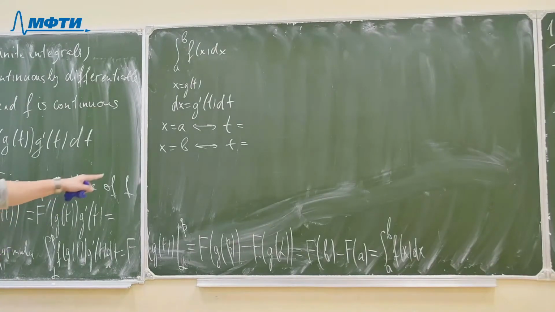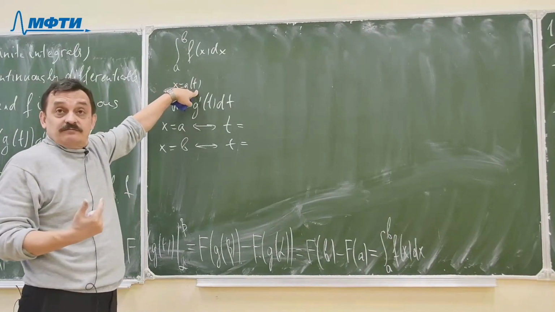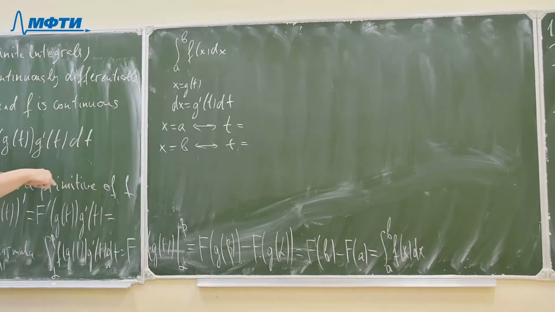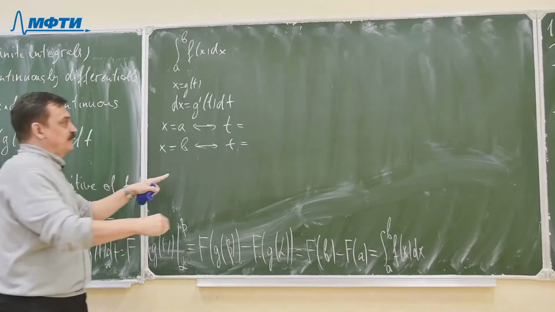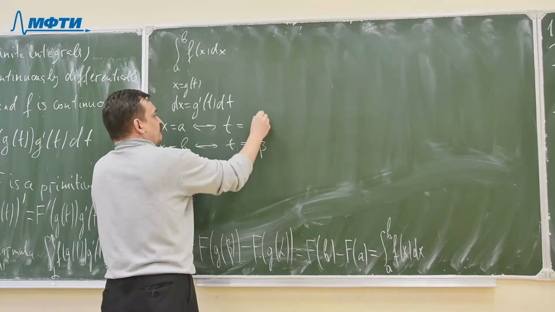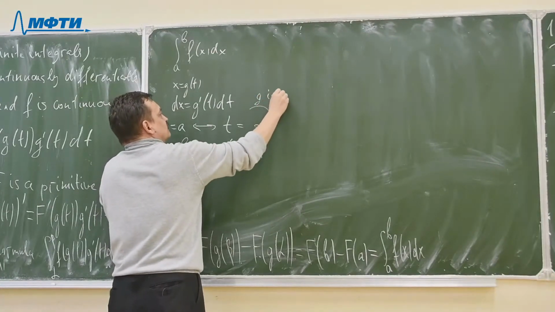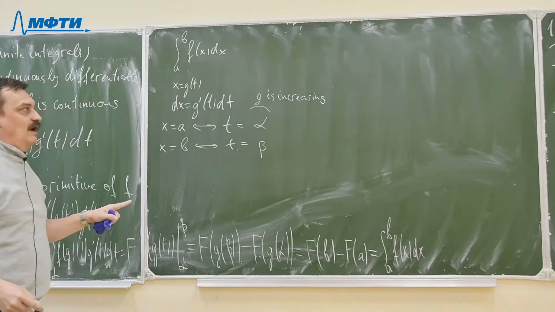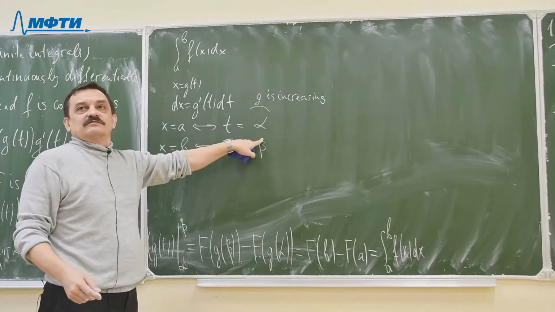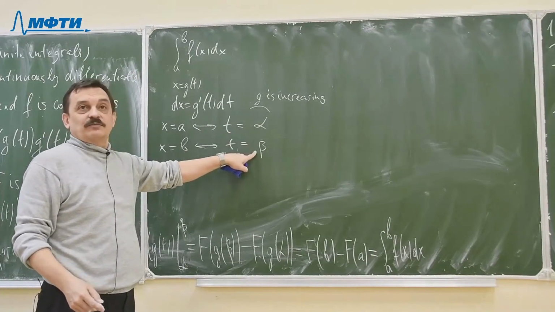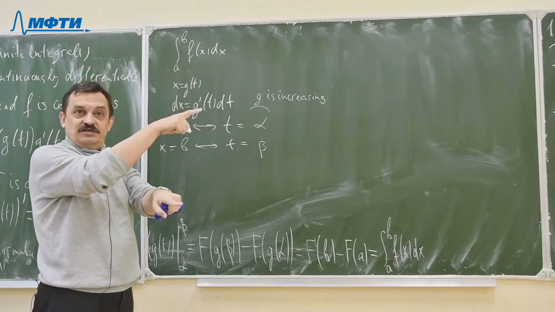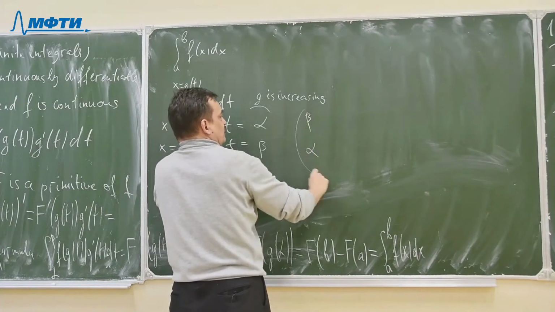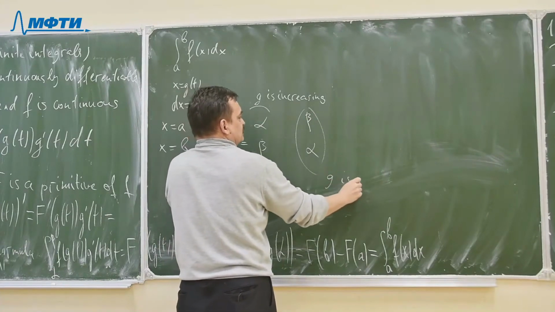So, if x equals a, then t equals what? If g is strictly increasing, like it was here, then we have alpha beta. And if g is decreasing, then we should change the order, so it will be beta alpha.